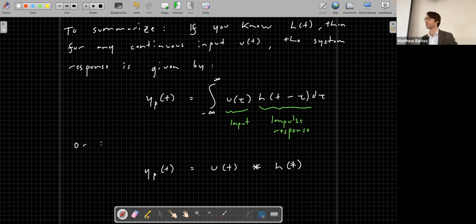I'm going to give you a couple examples. Today I'm going to talk about using this operation to solve dynamical systems in the time domain. As Jimmy mentioned, you can also use the Laplace transform to solve for the particular solution, and that's what I'm going to be covering next class.